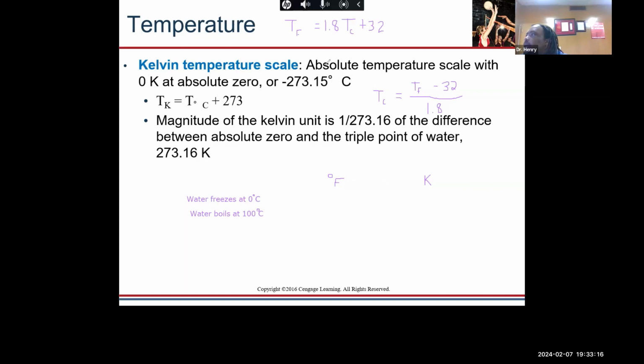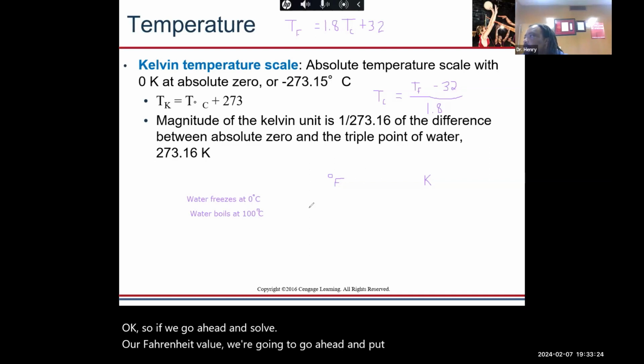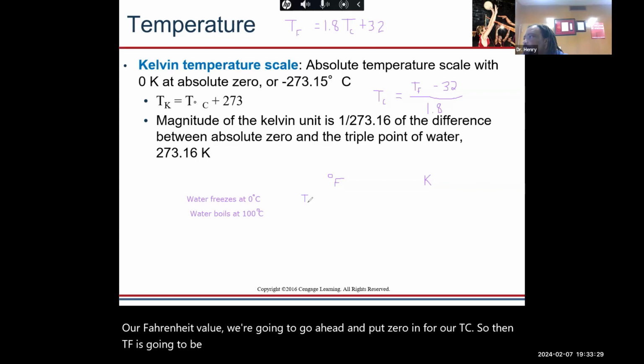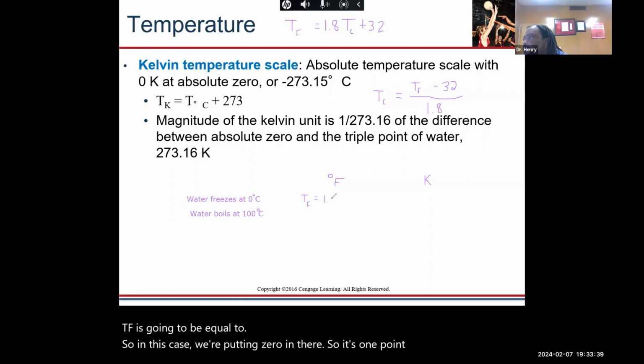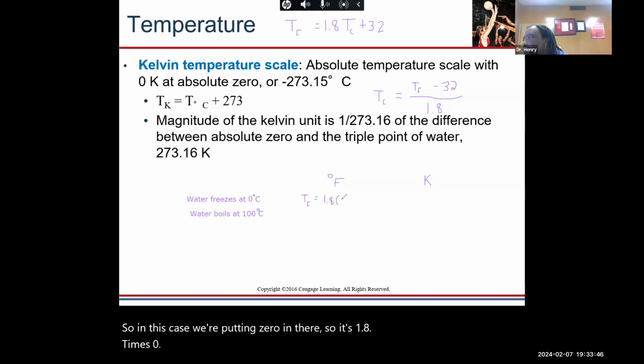Okay. So if we go ahead and solve for our Fahrenheit value, we're going to put 0 in for our TC. So TF is going to be equal to, in this case, we're putting 0 in there, so it's 1.8 times 0 plus 32.